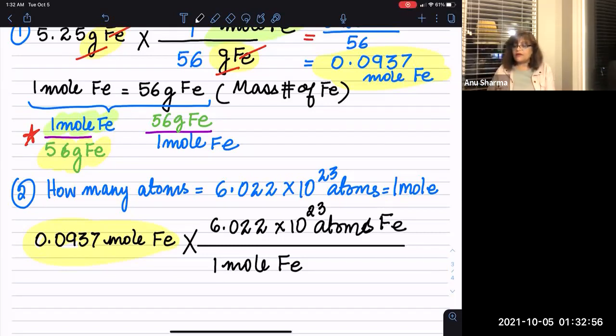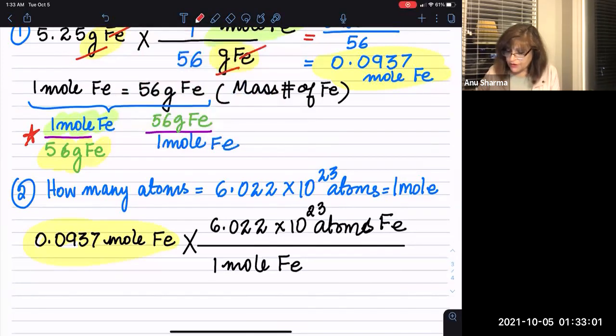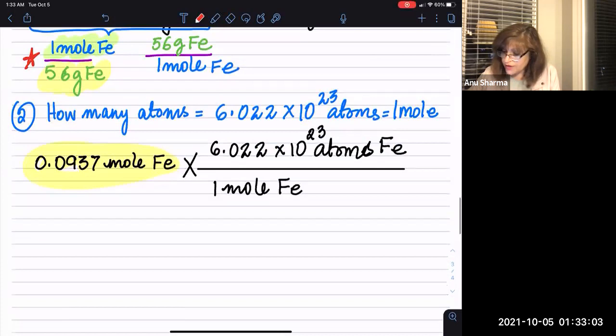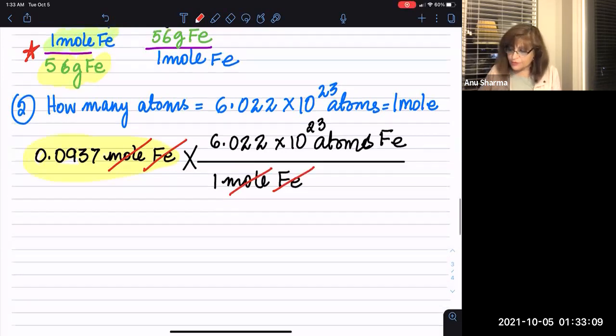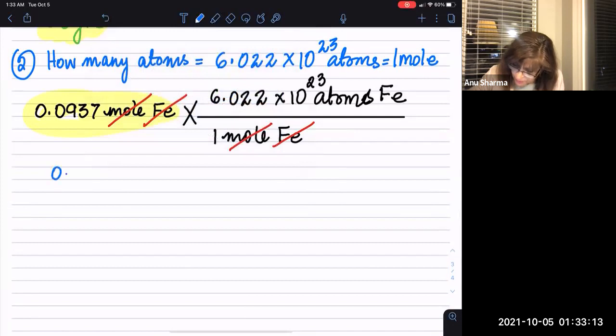Then 1 mole of iron will be 0.0937 moles. So moles of iron and moles of iron cancel out, and you are only left with the atoms of iron.